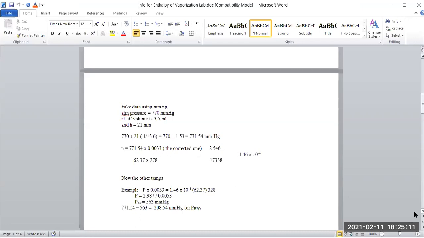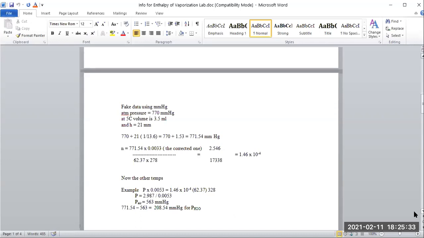So now we go back to the rearranged version of my PV equals nRT. I'm solving for my n, and I'm using the value of my cold one. The note in my parentheses says the corrected one.